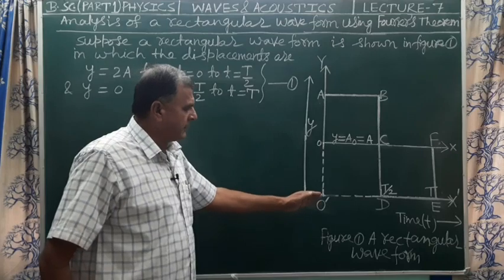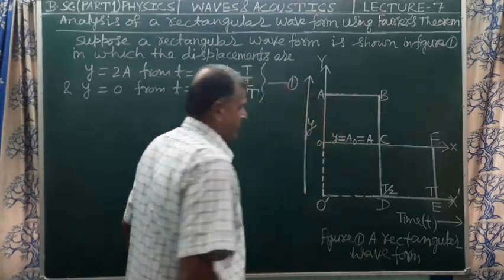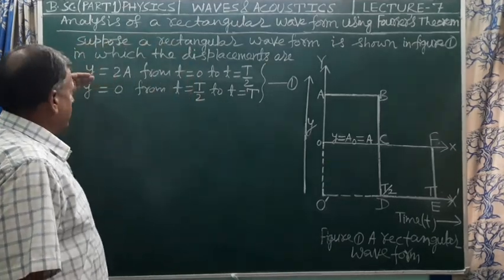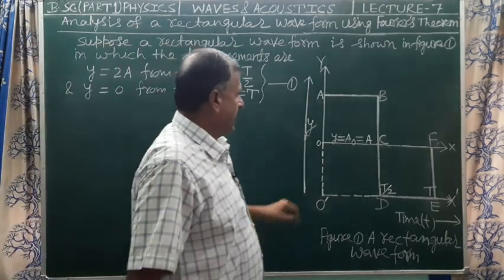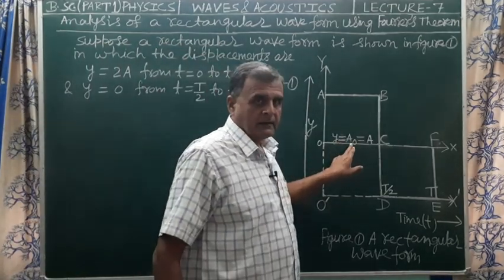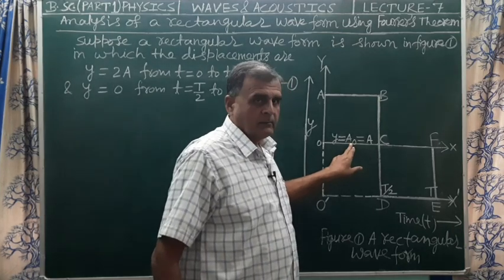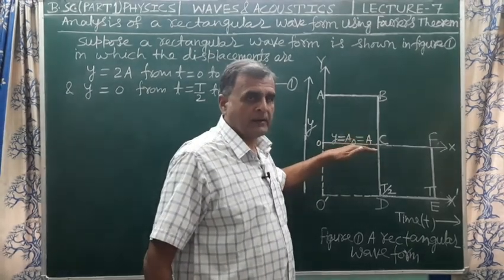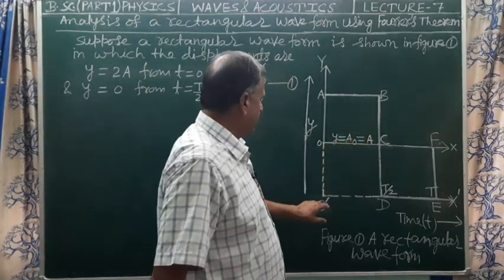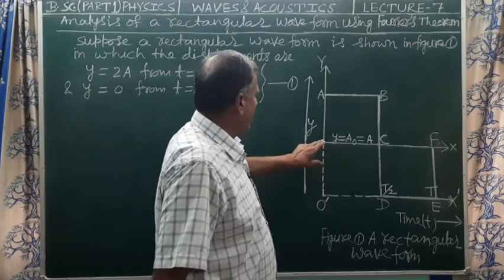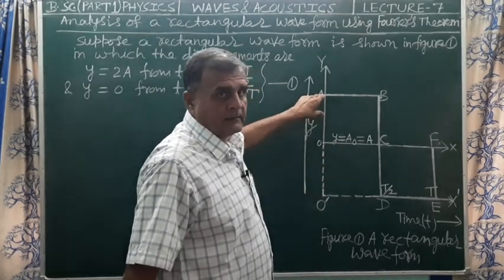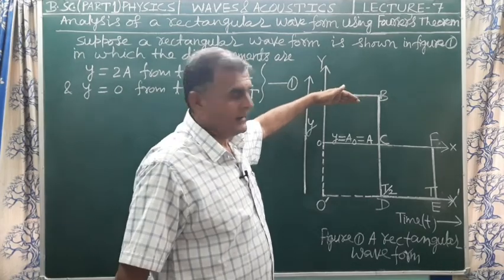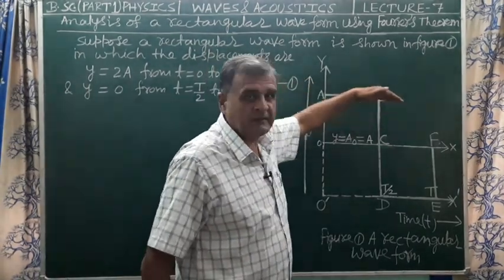So during the time interval 0 to T by 2, that is half the time period, the displacement of the waveform is y equal to 2A. That means A0 will be equal to capital A, that is the mean displacement of the waveform from the time axis. So this displacement O dash O is capital A, and again OA, that is the highest position of the rectangular waveform, which is AB.